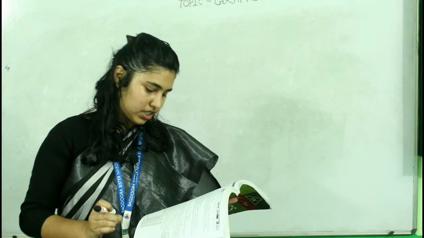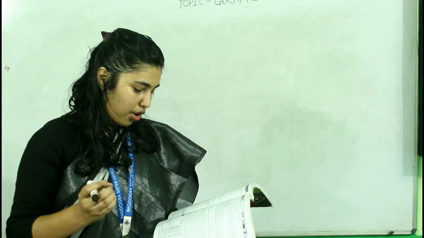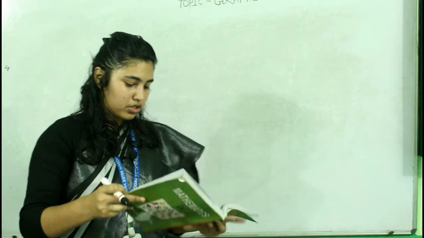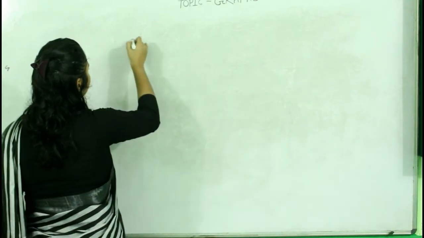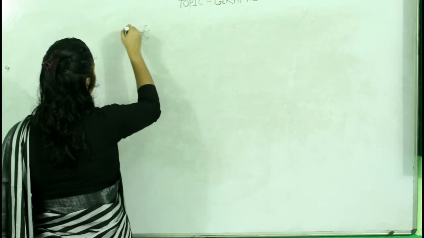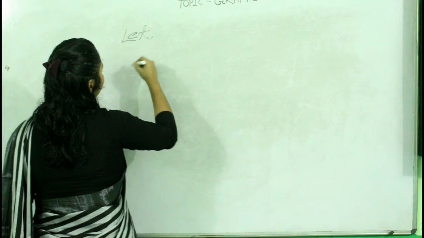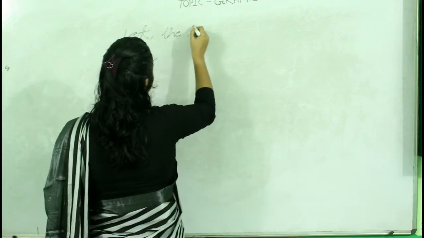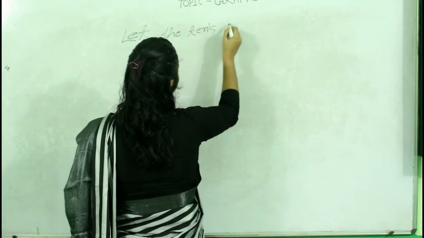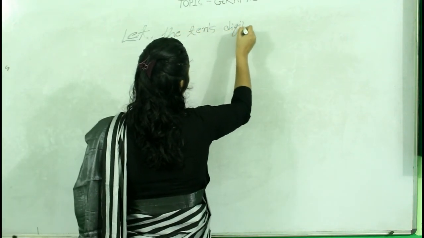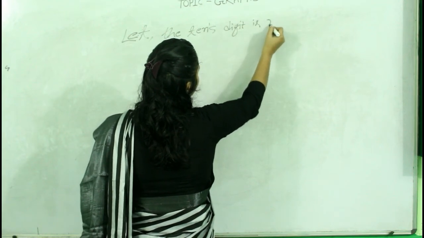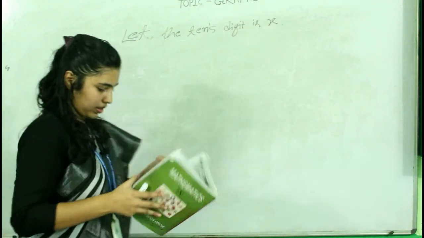Now question number B. The ones unit digit of a 2-digit number is twice its tens digit. So, first assume let the tens digit be x.